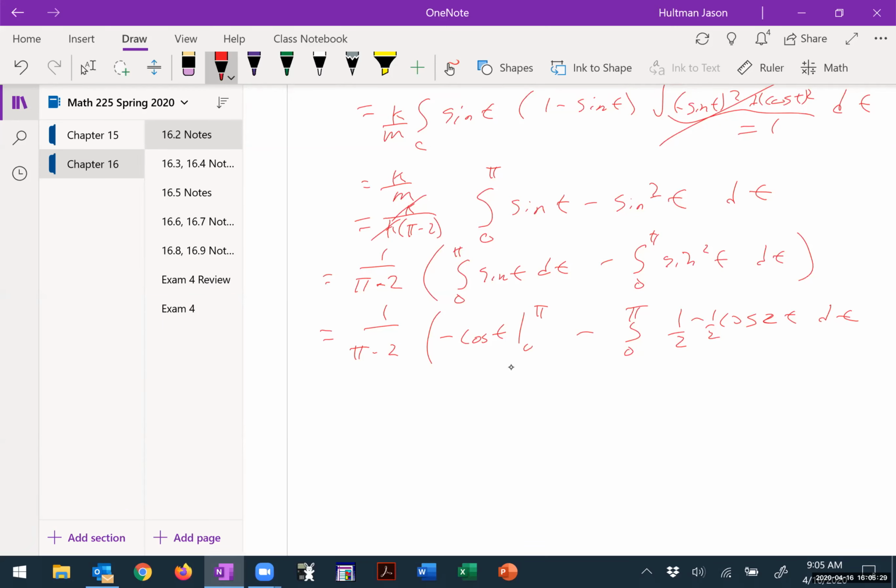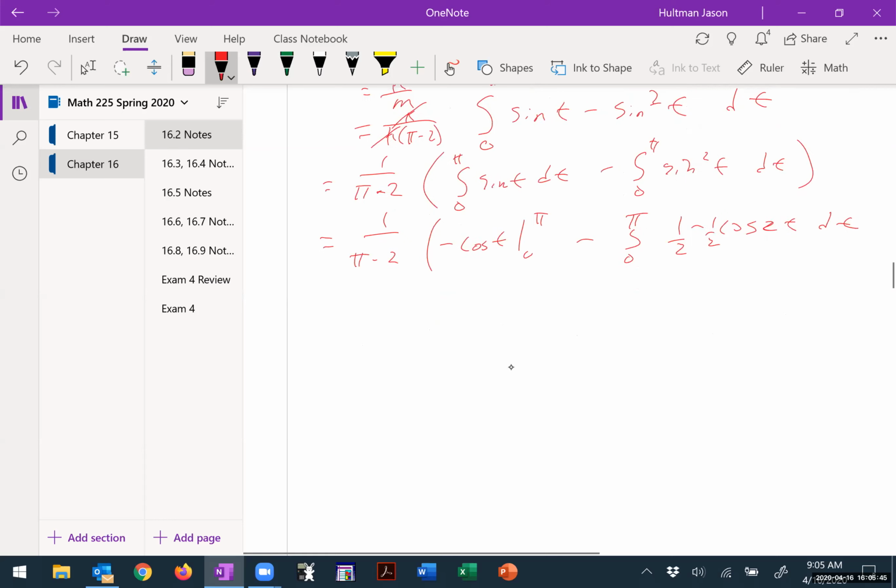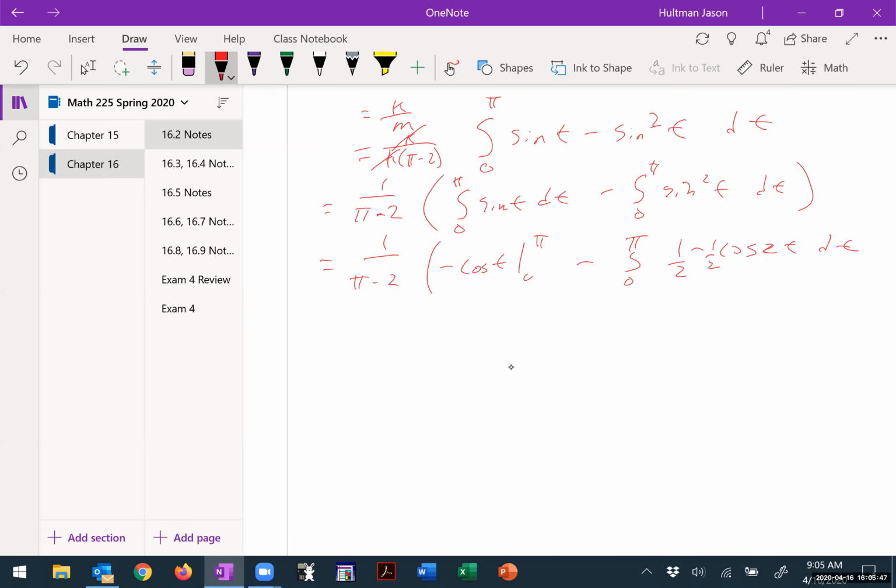So now, when we integrate this, I could do a u sub on 2t. u equals 2t, du equals 2 dt, so du over 2 equals dt.